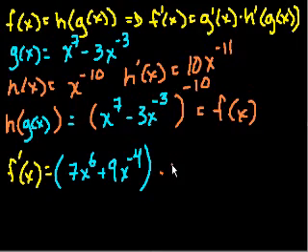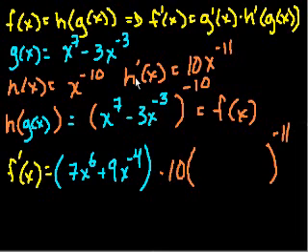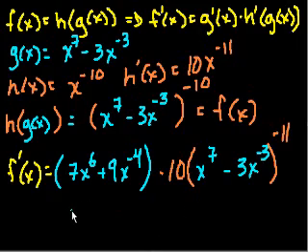So this is just times minus 10 times something to the minus 11, and that something is just g of x: x to the 7th minus 3x to the minus 3.